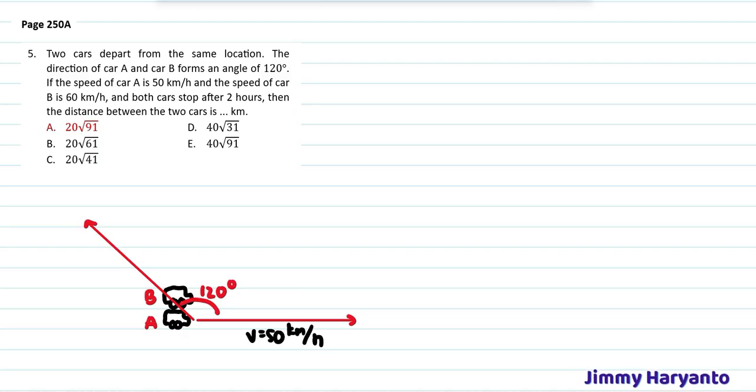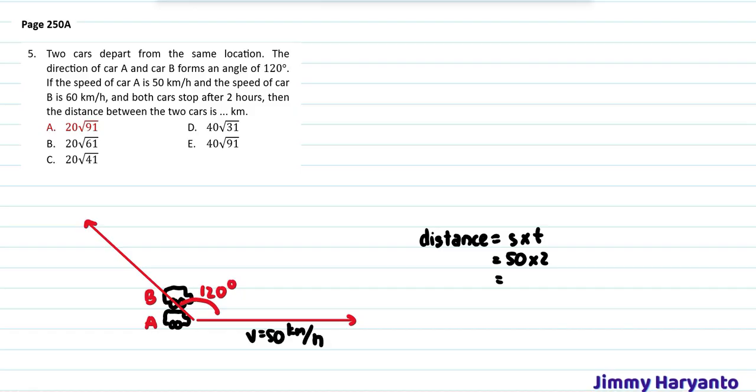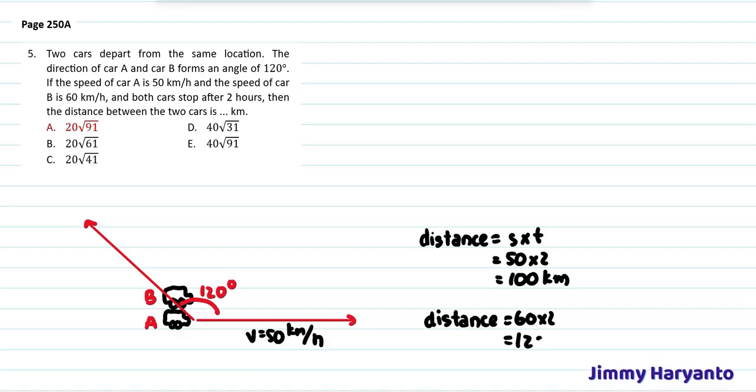But the question says after 2 hours, that means we have to find the distance. Distance equals speed times time. So 50 times 2 equals 100 kilometers. For the other car, you have distance equals 60 times 2 equals 120.